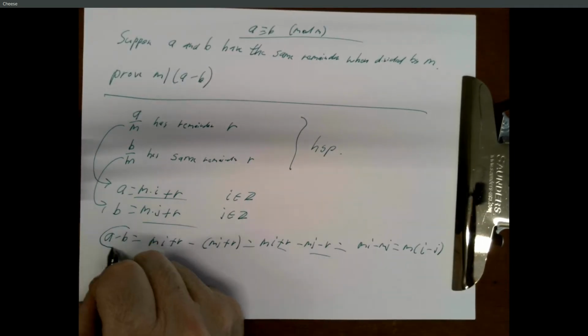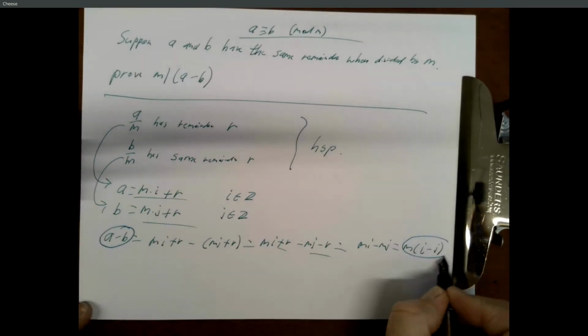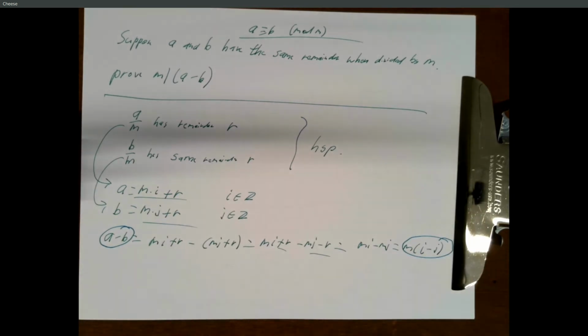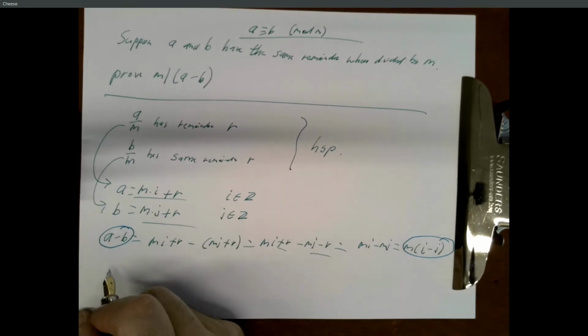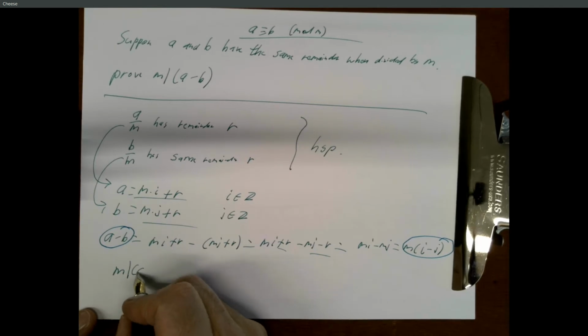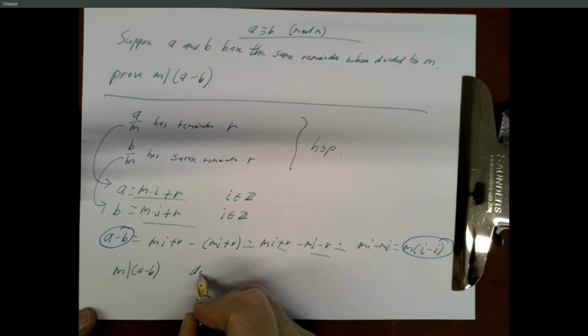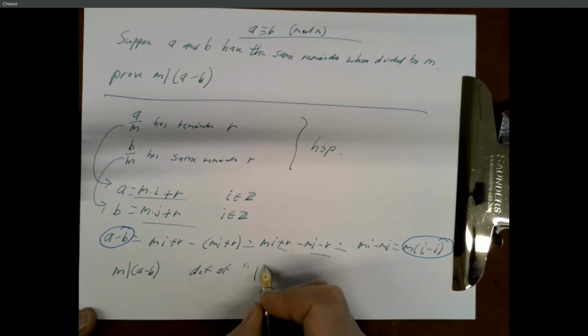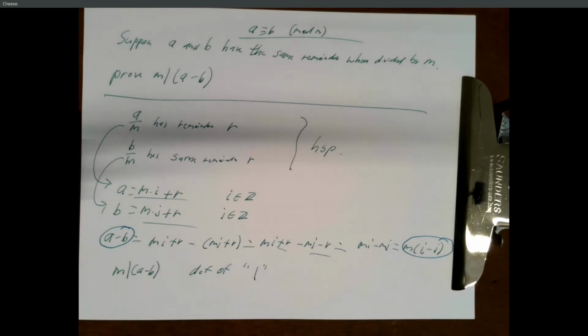But now we've written a minus b is equal to m times some integer. And that means m divides a minus b. That's the definition of divisibility. So that's not a lot of fancy algebra, it's just sort of lining up the definitions and letting things happen.